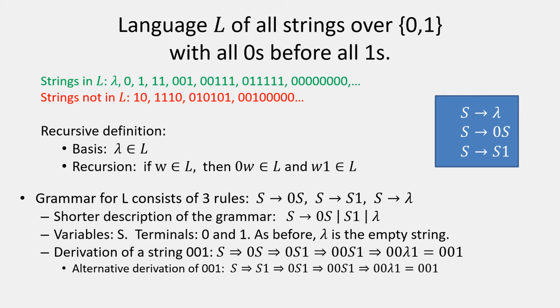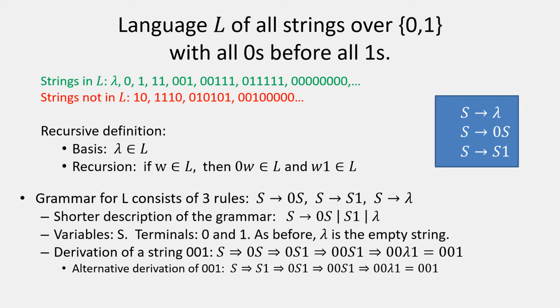If you look at the recursive definition, you would say, okay, we start with an empty string and we put a 0 in front, then maybe we put a 1 in the back, and maybe we put another 0 in front, and we get the string. So here, things are going in a slightly different order, because you don't build it from the middle out, but you start with your string and you start going towards the middle.